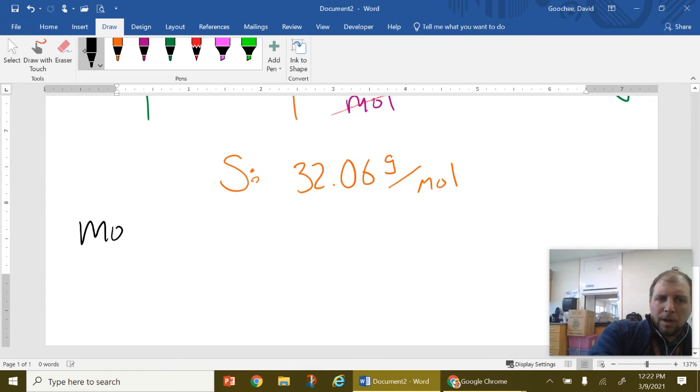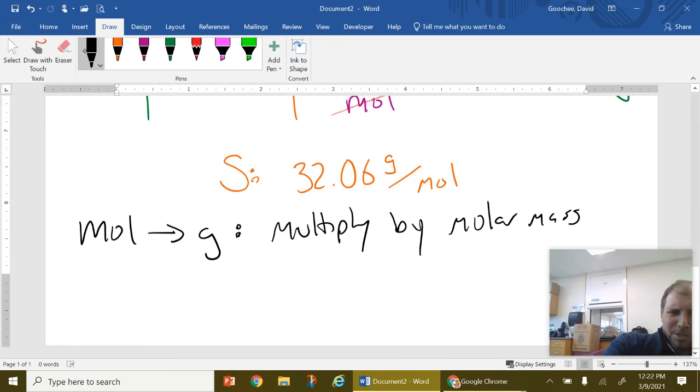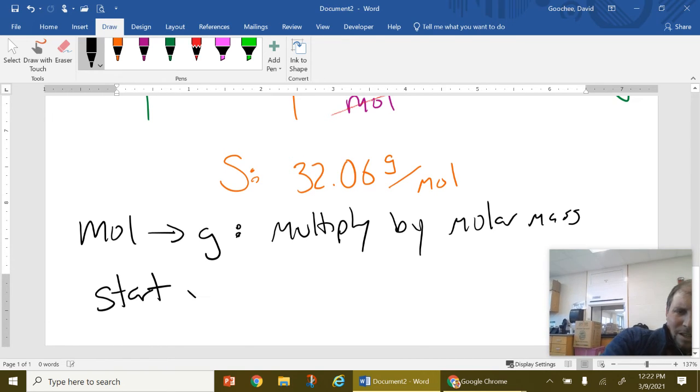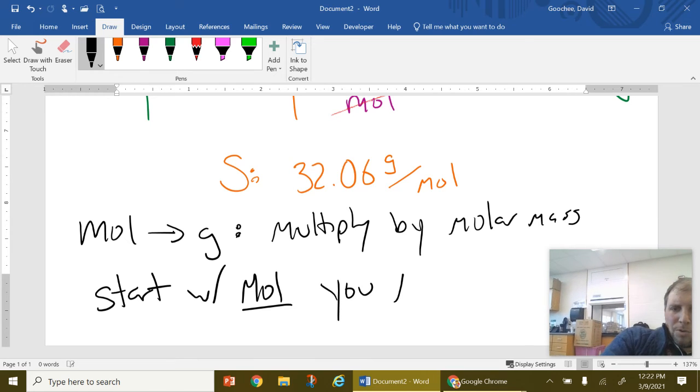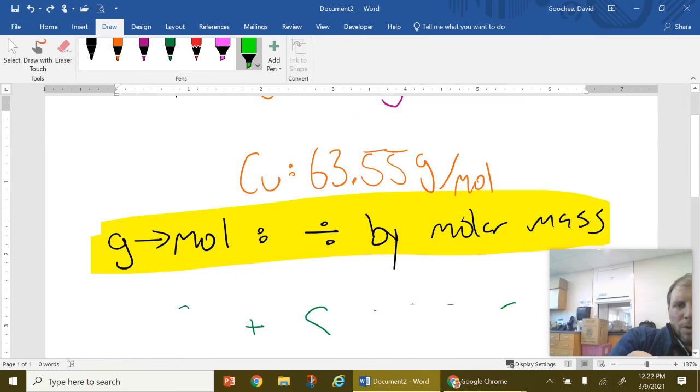To go from moles into grams, we multiply by the molar mass. Or as a student of mine from a previous year, Siani, said, Mr. Gucci, if you start with moles, you multiply.